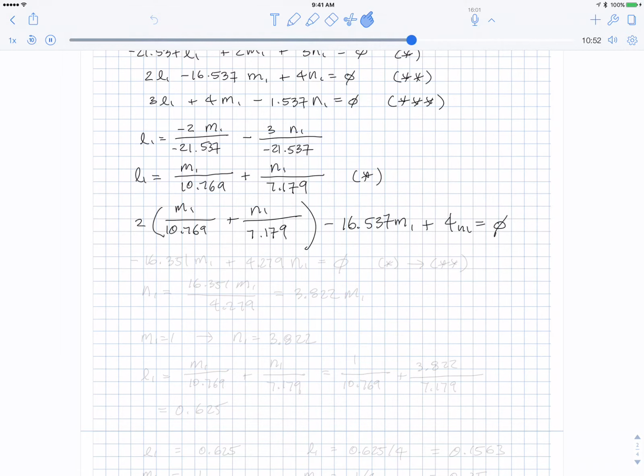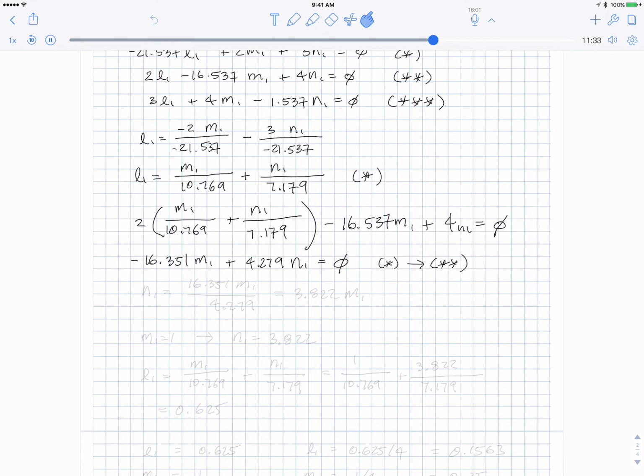Okay, I'm going to simplify that a bit and come back. So doing all the math ends up in minus 16.351 M1 plus 4.279 N1 equals 0. So now you would think, since that comes from equation 1 going into equation 2, you would then take this and put it into equation 3, but that will end up in 0 equals 0 because these are ill-conditioned equations.